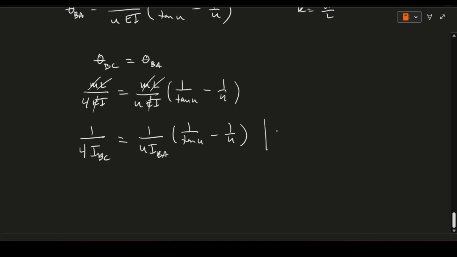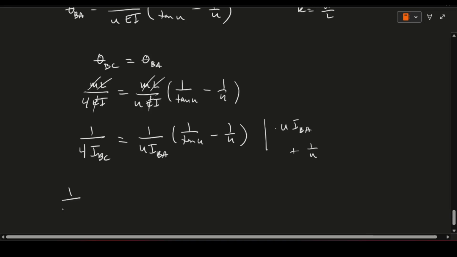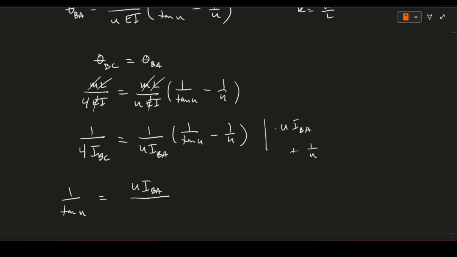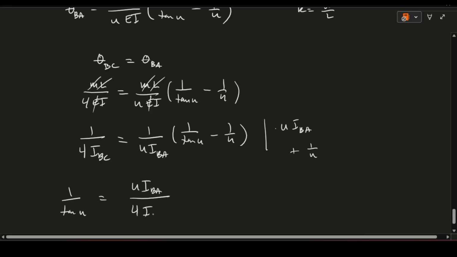So if I multiply everything by u times I_BA and then add 1 over u on both sides, we get 1 over tangent u is then equal to u I_BA over 4 I_BC plus 1 over u.